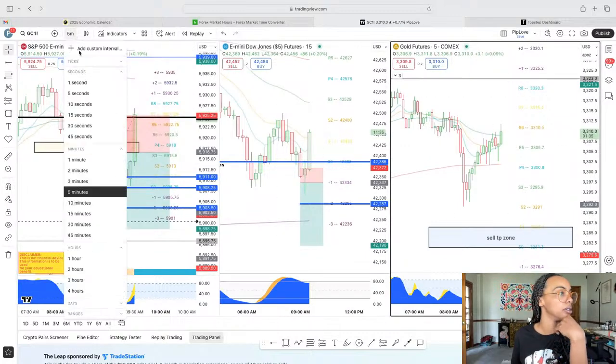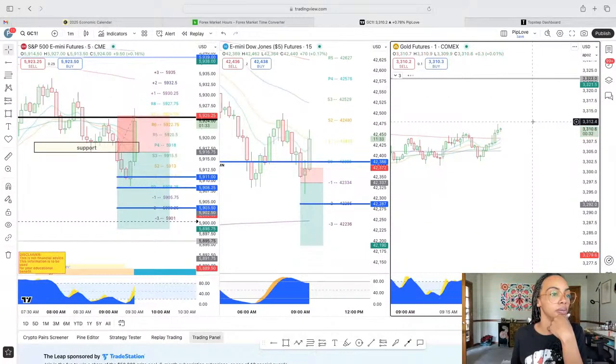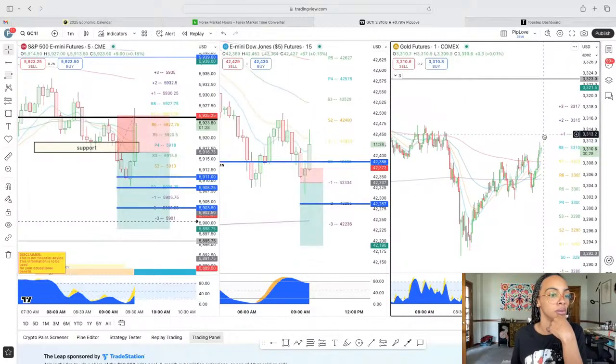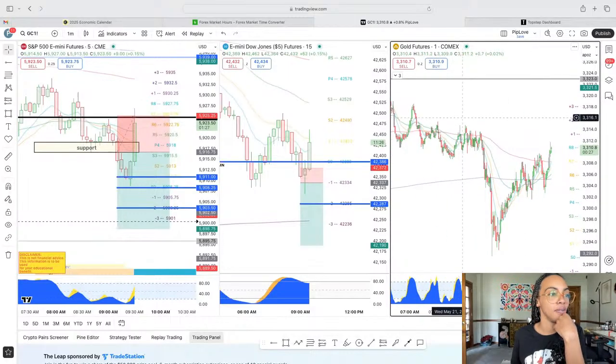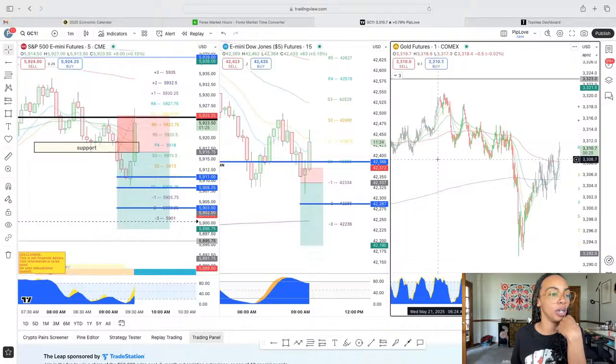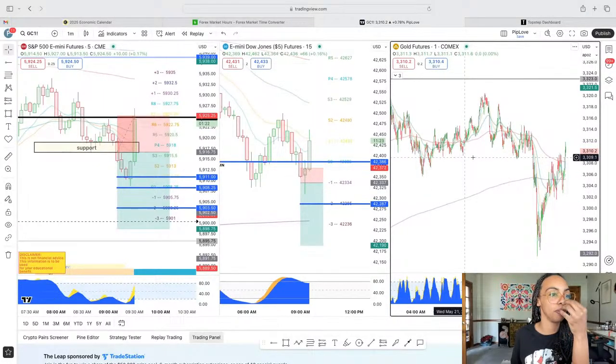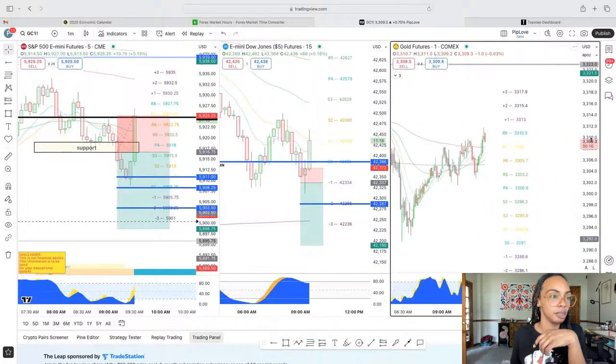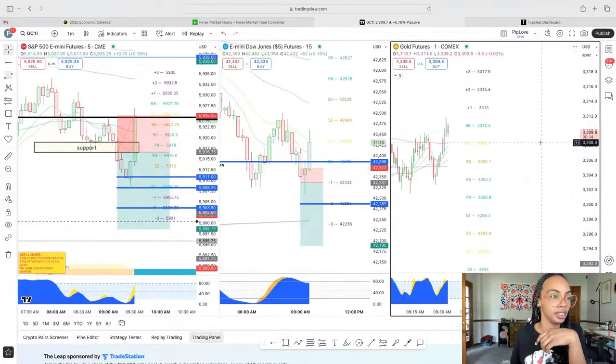Okay, let's look at the 1 minute. All right, 1 minute is kind of coming back up to this point where, as we can see, there was support here and price broke below that area. Now price is back here at the R8.